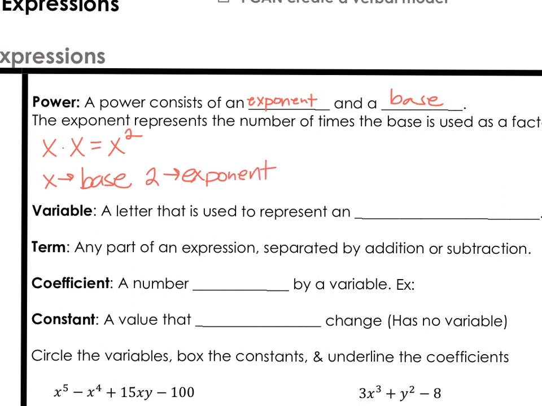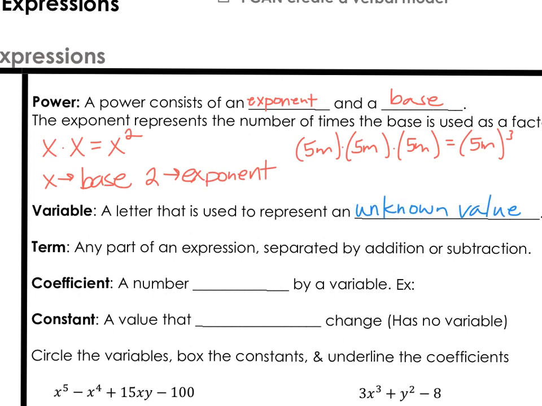Other ways we can write this, if we include a number and a variable, such as 5m times 5m times 5m, that would be the same as 5m to the third power, meaning your base is 5m and the exponent is 3.